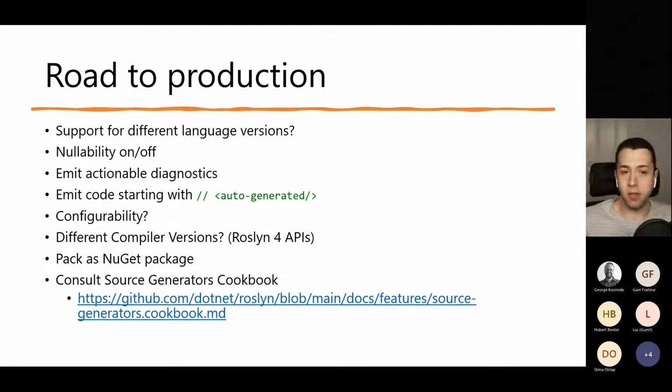Something else you need to consider when you're actually shipping a NuGet package is to make sure that the code that you generate compiles in the version of C# that the target project uses. So again, source generators were introduced in C# 9. You can use it on projects, I think, that target lesser versions of C#.